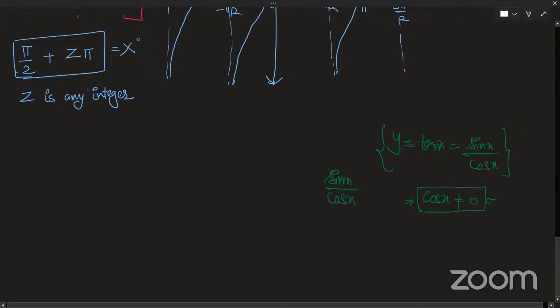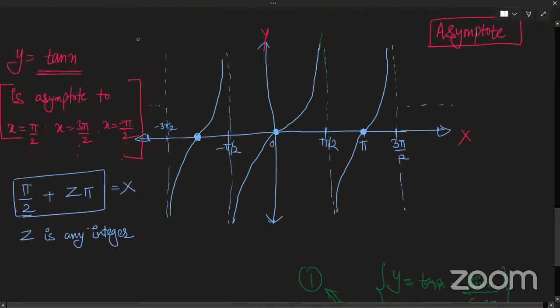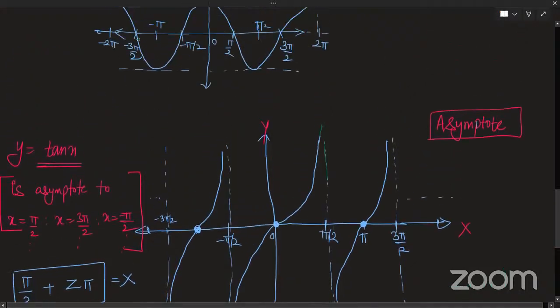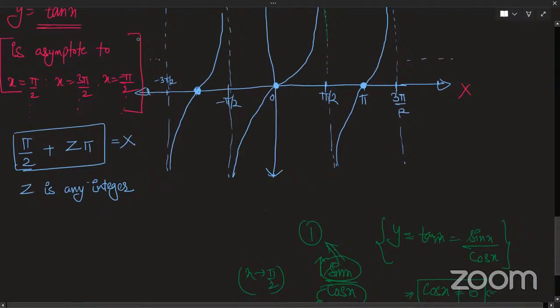When x is tending to pi by 2, my sin x has grown really close to 1, and my cos x has grown very close to 0. So it is giving me a very high value that I am assuming to be infinity. But when x is exactly equal to pi by 2, my tan x is not defined.